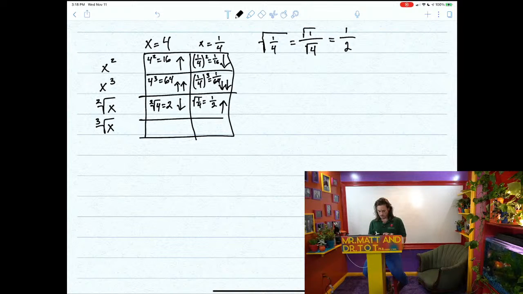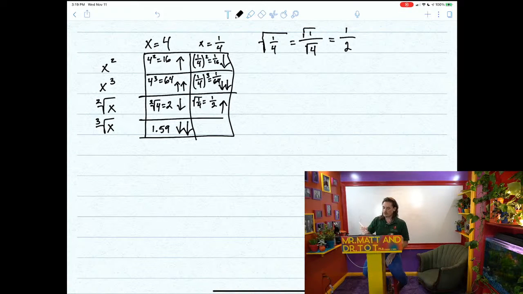If we have 4 raised to the 1/3 power, the cube root of 4 is going to be about 1.59. So that's a decrease. And notice that's even more of a decrease than the square root of 4.